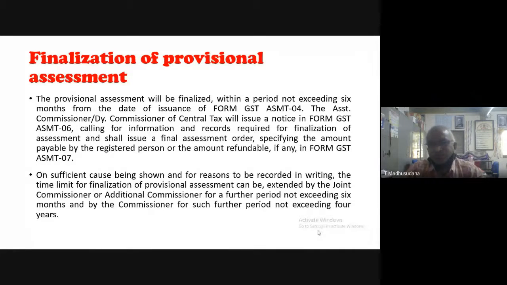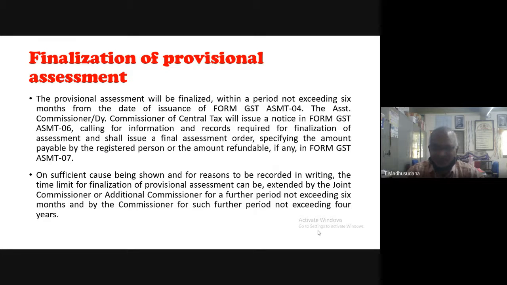After completion of provisional assessment, the final assessment will start. For the purpose of finalizing the tax liability of the supplier, they will issue a notice in Form GST Assessment 06 in which they call for additional information and additional records required for the finalization of the assessment.